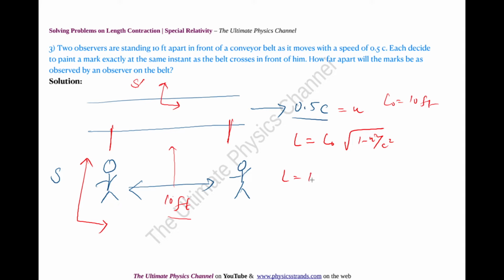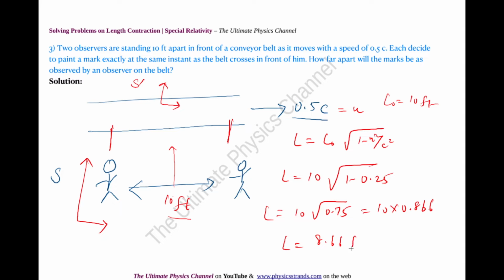So L is equal to 10 times square root of 1 minus 0.25, that is 0.5c whole squared, c squared gets cancelled, so you have 0.25. L is equal to 10 times square root of 0.75, and that is 10 times 0.866, if I'm right. Yeah, so L is equal to 8.66 feet.